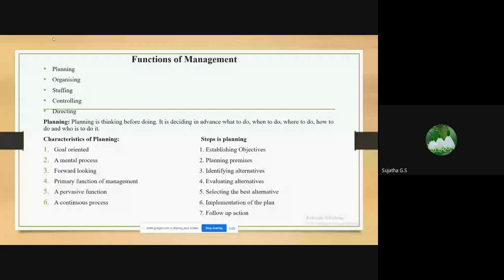And they are planning, organizing, staffing, controlling, and directing.